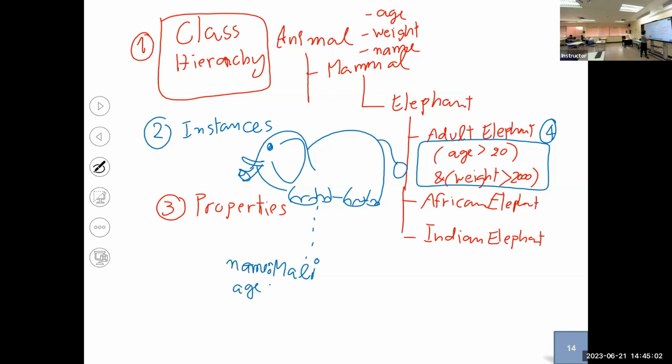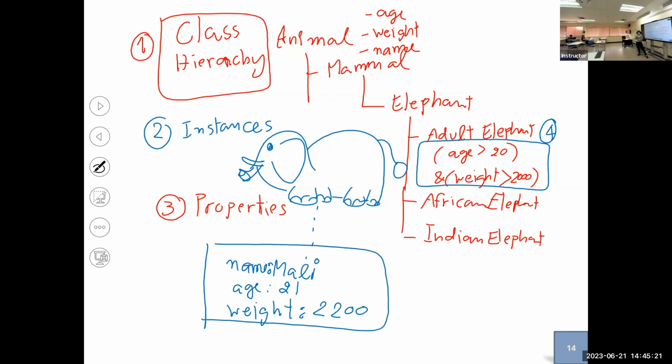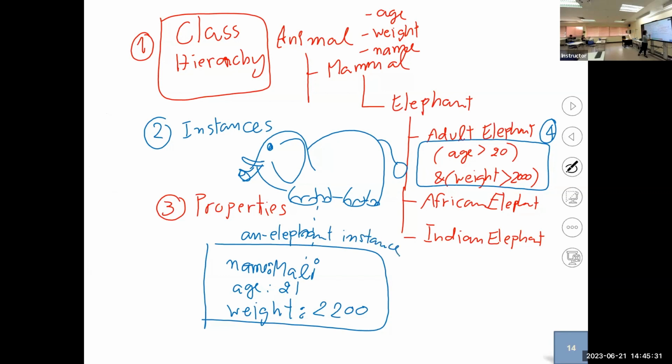It is an elephant. It has age 21. It has weight 2,200. Let's say this. So these are the properties and the values of Mali. I can only say that it is an elephant instance with the properties, values, and so on.